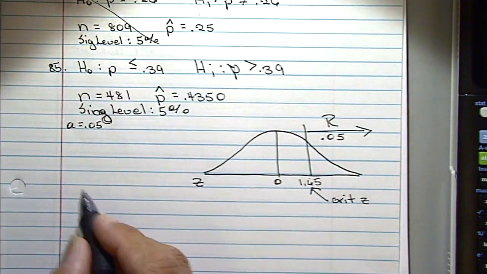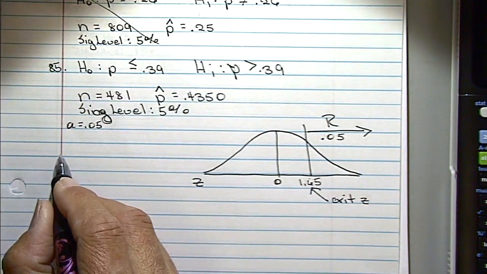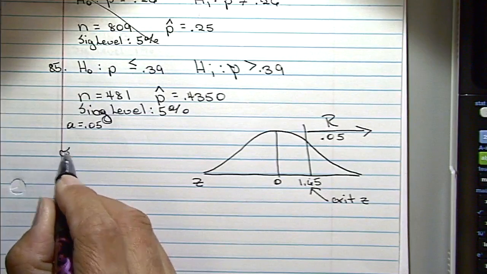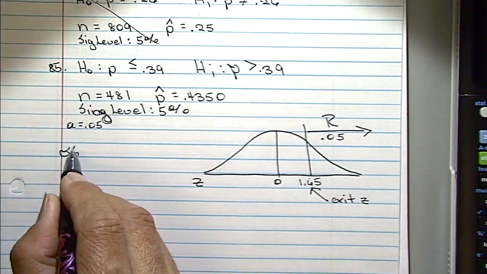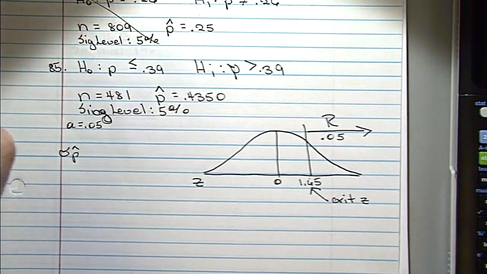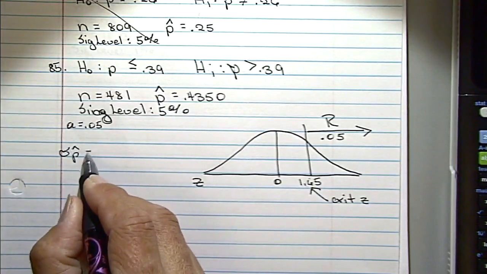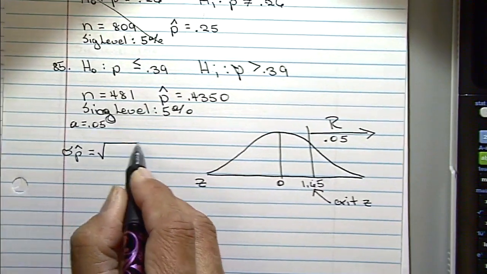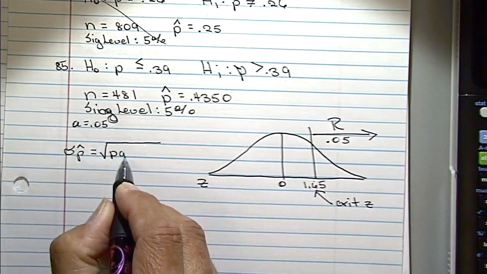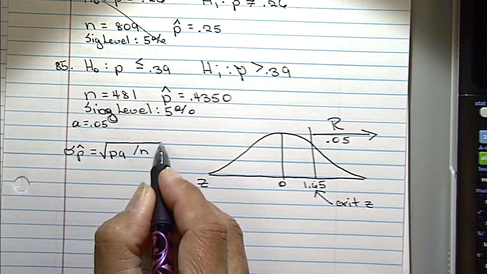Next, I need to come up with a standard deviation. I can't remember what they call it in your formula sheet. Standard deviation of p hat. Now here's my formula for it. It's p times q divided by n.